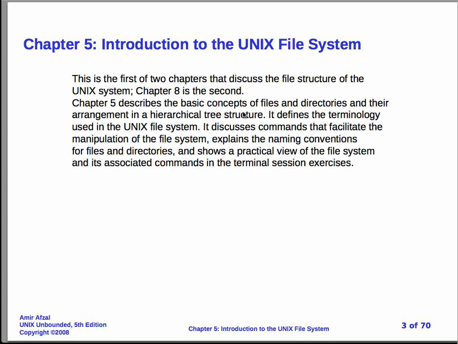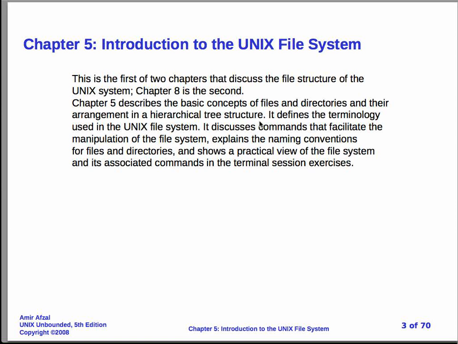Okay, so we will look at the hierarchical tree structure. If you're not sure what that means, chances are you've used it in Windows or Mac OS X, and so we'll review that. In this chapter we'll define the terminology used in the Unix file system, and words like directories and hierarchical tree structure of the file system.